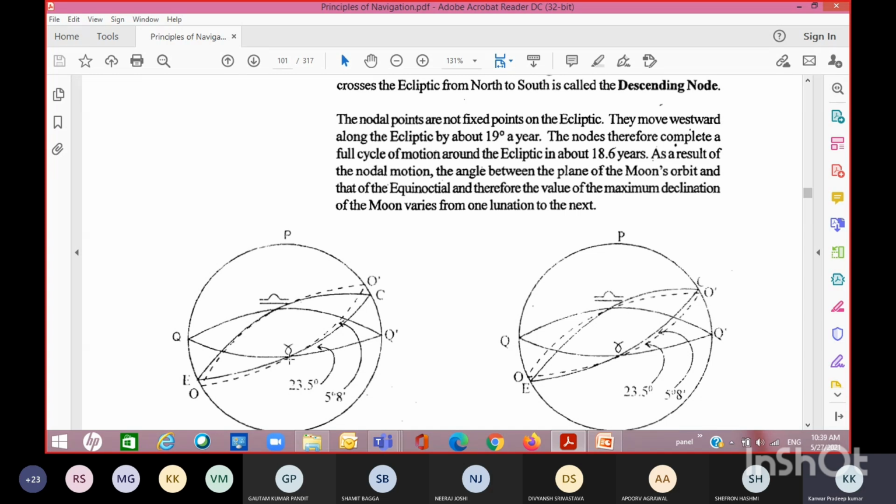I told you the path is complicated. While the ecliptic remains where it is, these nodes are slightly moving. They move westward along the ecliptic by about 19 degrees a year, not along the equinoctial. So this cross, where the moon's path and the sun's path intersect, will move along this bold line, westwards by about 19 degrees a year.